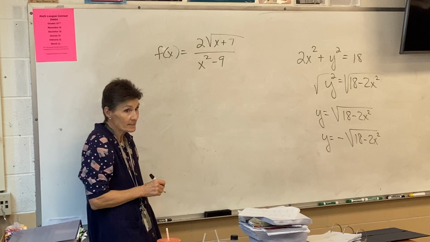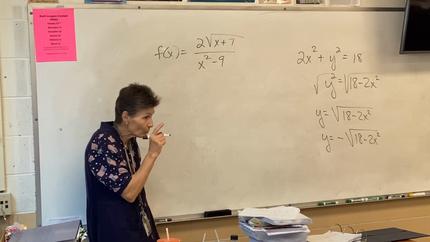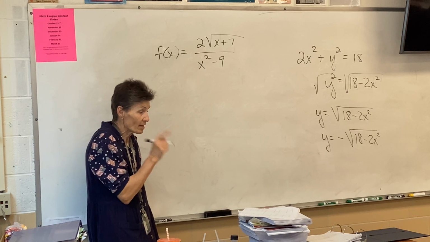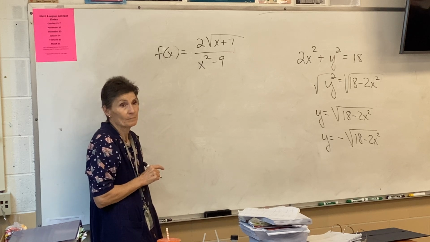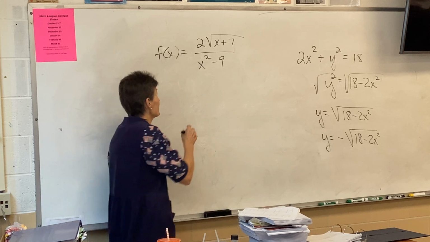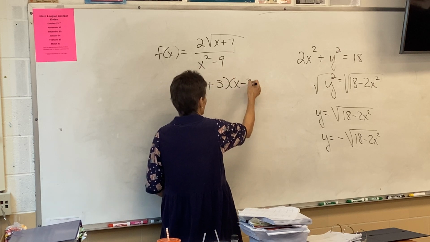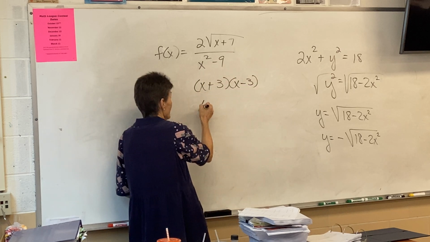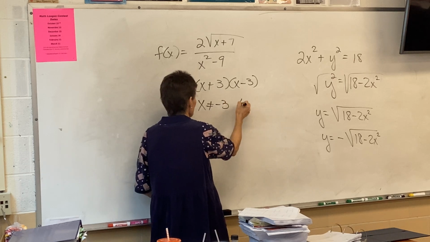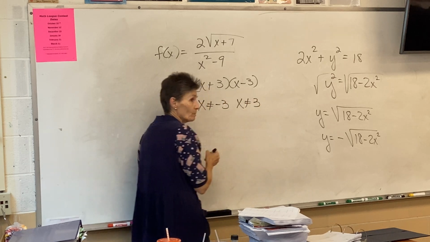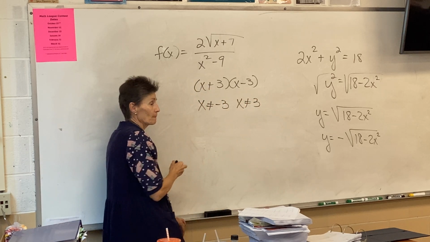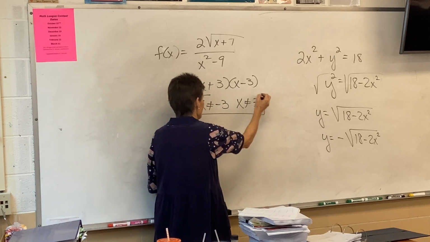Exactly. This time, there's two numbers that your denominator can't be, right? Because if you factor that denominator, then x can't be -3 and x can't be +3. Would you agree with that? Okay, so that takes care of the denominator.